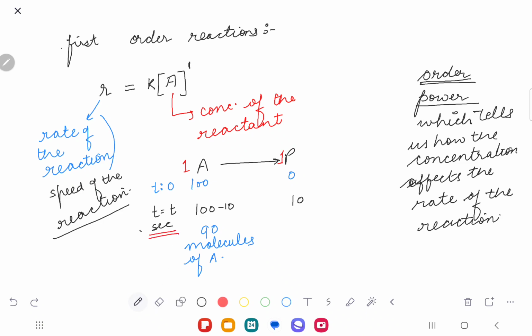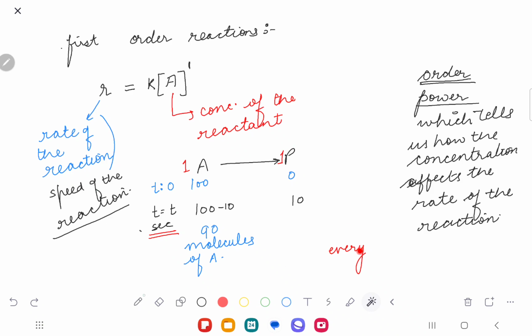I hope you're understanding. When we are left with 90 molecules of A, what exactly does that mean? I told you that every reaction is dependent upon collisions, because 99% of reactions are dependent upon collision. Very few reactions, which were zero order reactions, were dependent on an external factor.